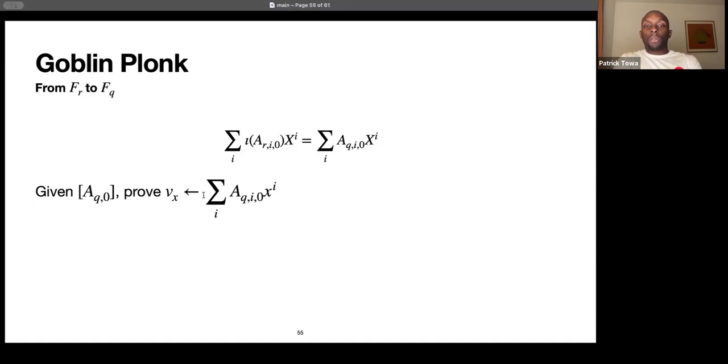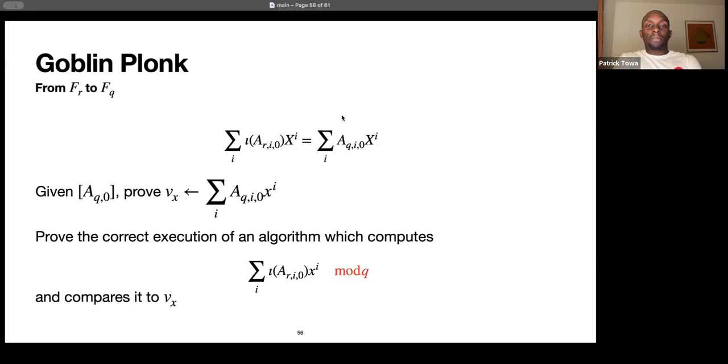So from here, you are given a commitment to AQ and AR as well. What you're going to do is evaluate this first column at some random point x. And now you're going to, in FR, prove the correct execution of an algorithm which computes this sum mod q, because you're doing this mod q, and compare the output of that algorithm to the claim Vx.